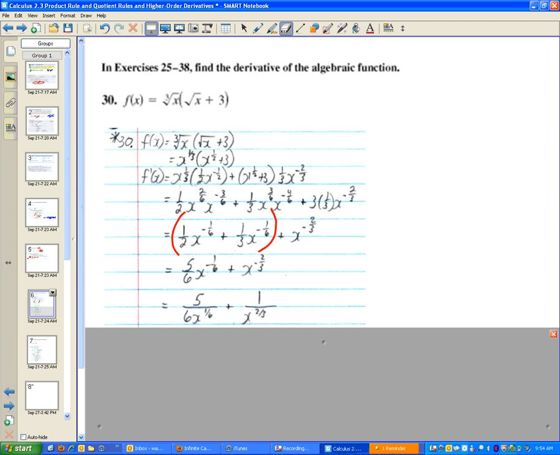And I just got rid of the negative exponents and called it a day. Should I have? For now, let's just do this.